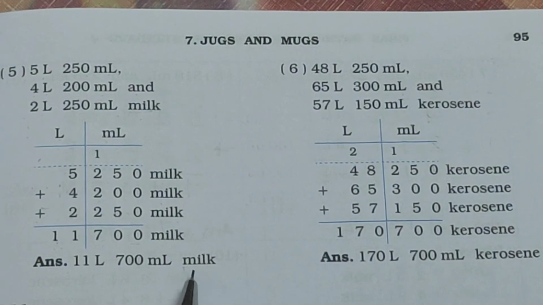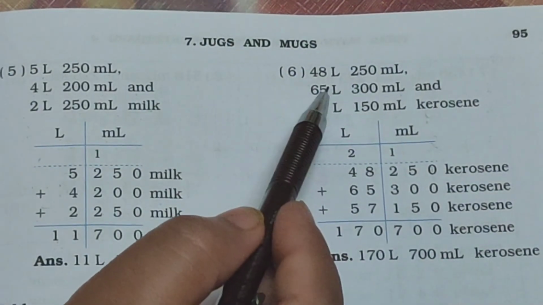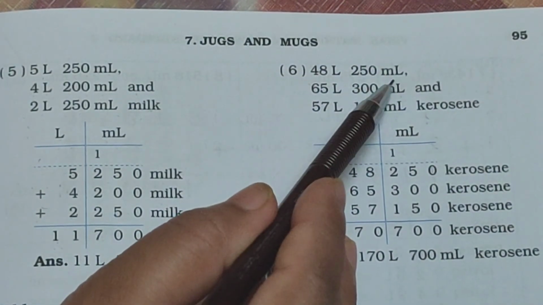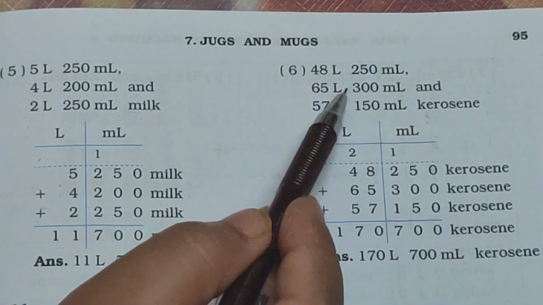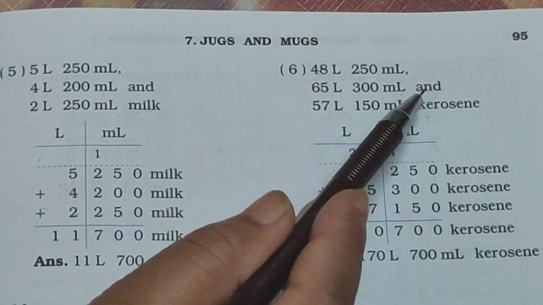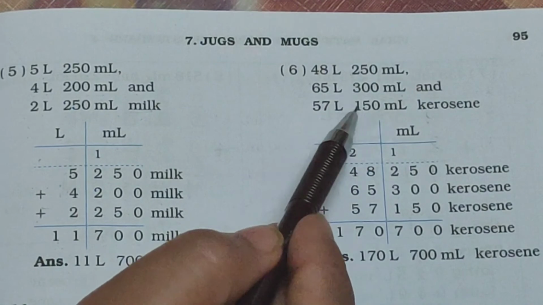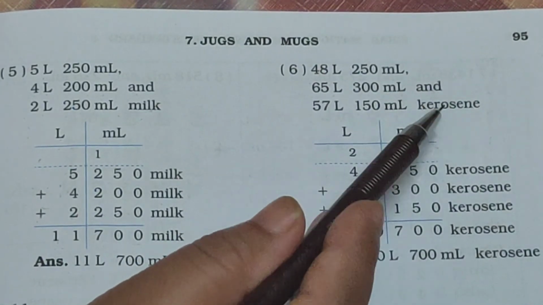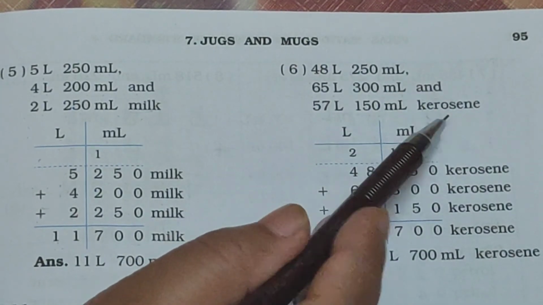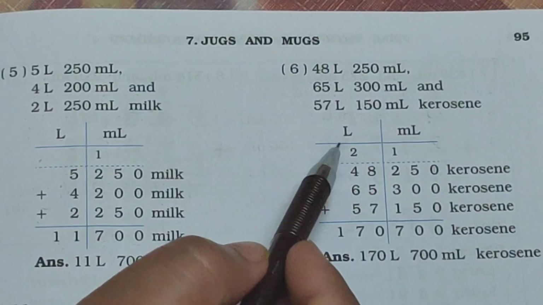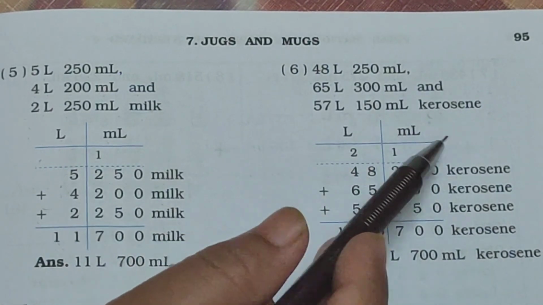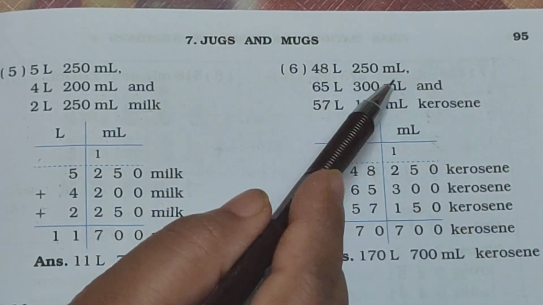Now see the sixth one. 48 liter 250 ml, 65 liter 300 milliliter and 57 liter 150 milliliter kerosene. What is this, it is kerosene. So you have to make a column like this, liter, milliliter. Now see 48 liter 250 milliliter.